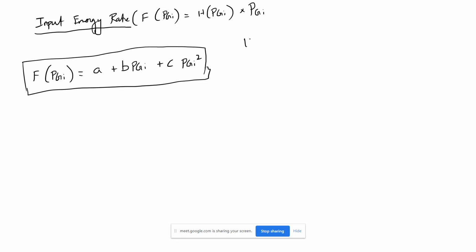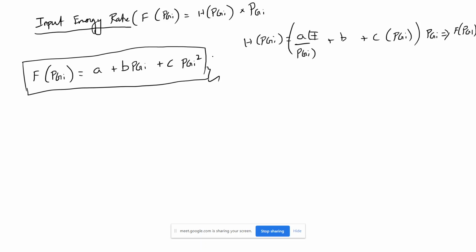We know that H of PGI is A divided by PGI plus B plus C into PGI, and if you multiply this with PGI, I will get F of PGI, correct? If you multiply this, I will get this. Okay, any doubt up to this?